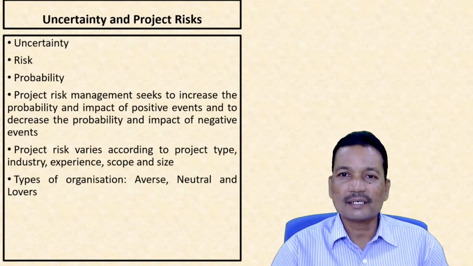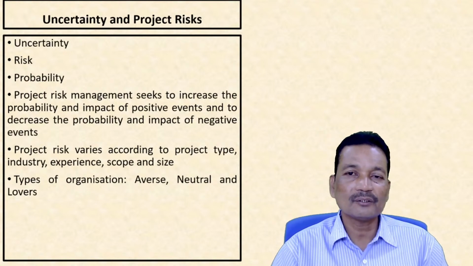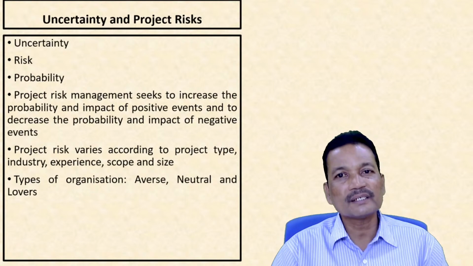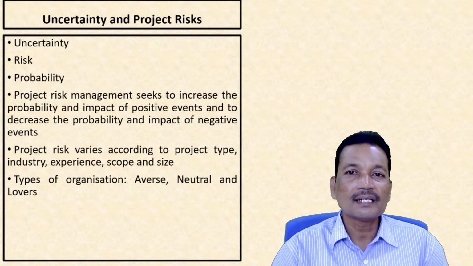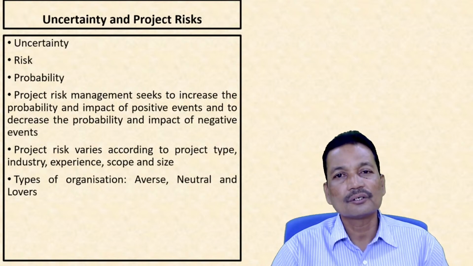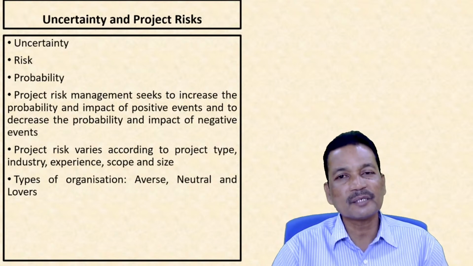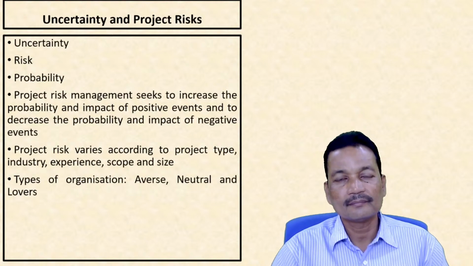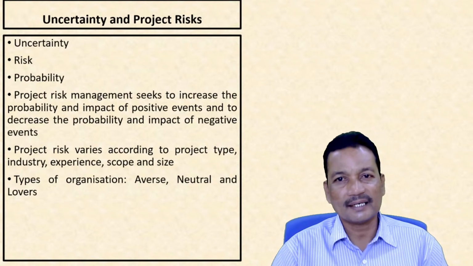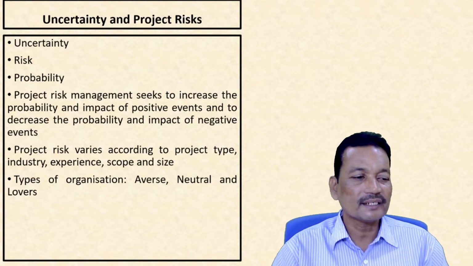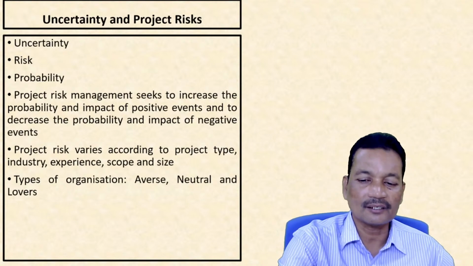Here, project organizations love to take risk, even though there are chances of lower benefits as compared to cost, but the remaining chances are lower costs as compared to higher benefits, and those higher benefits may be very, very high. So here they may take a chance even though the risk is high. So these are the three types of organizations according to the kind of risk they undertake.